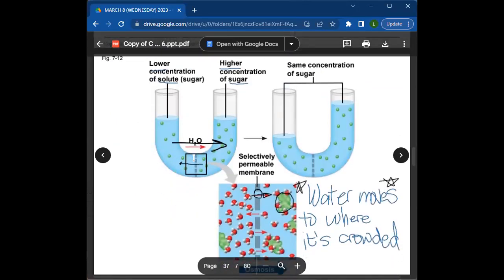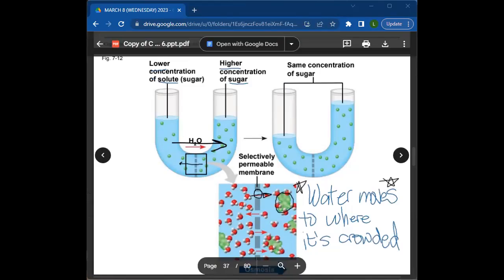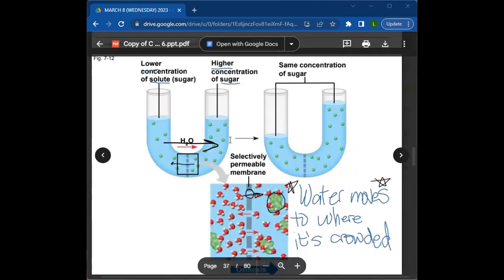So here's a great example. We have a low concentration of sugar on the left side of that membrane, and a high concentration of sugar on the right side of the membrane. And so what happens is that the water is moving from the low sugar concentration to the high sugar concentration.